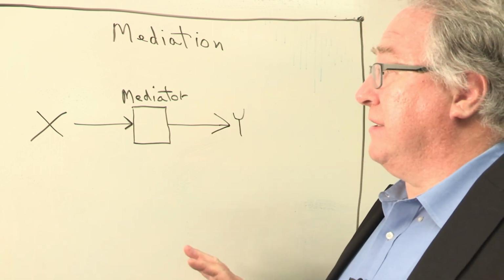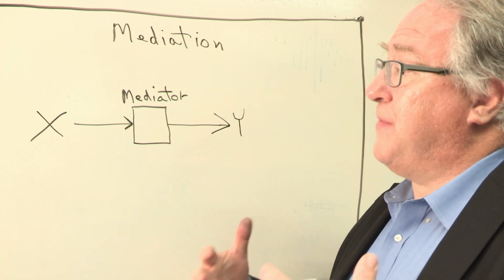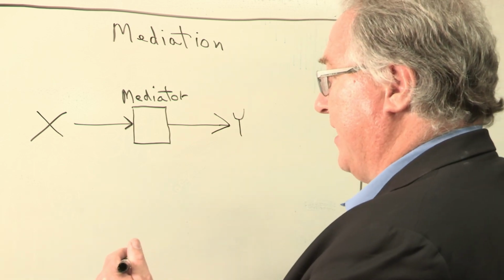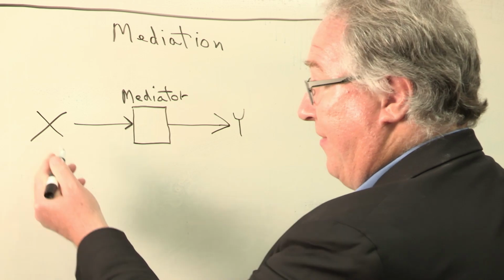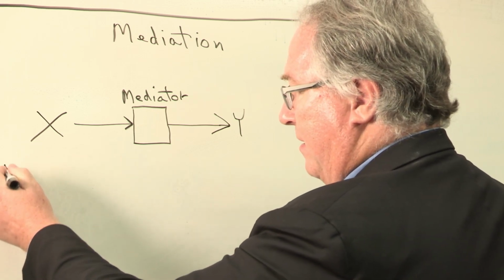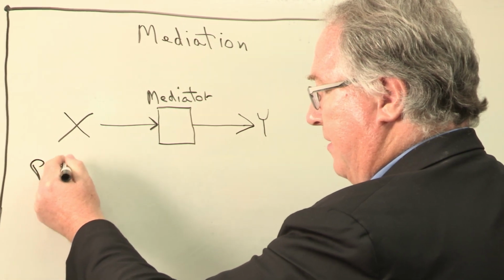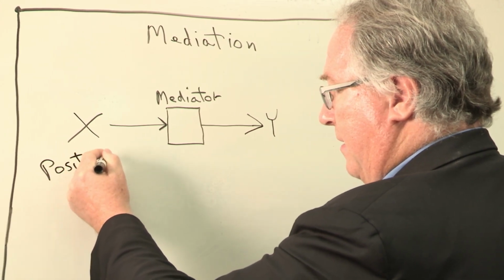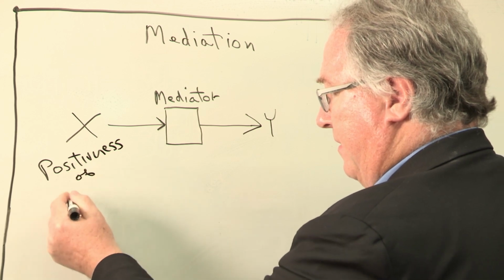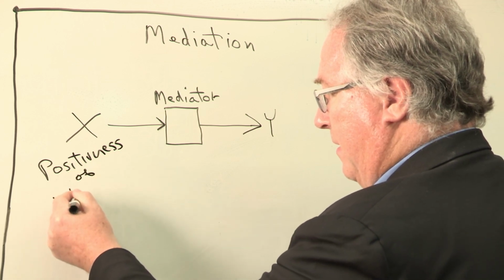Okay, so now let's make this more specific. Let's say that the X variable is the positiveness of the work environment.